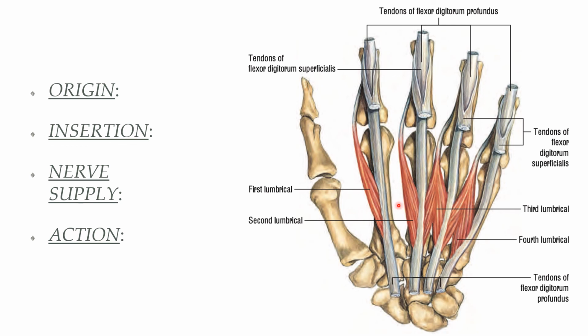Now coming to the site of origin, these lumbricals take origin from the tendon of flexor digitorum profundus muscle. The first and second lumbrical, which are unipinnate, arise from the lateral side of the tendon of flexor digitorum profundus, the tendon which enters into the index finger and the middle finger.